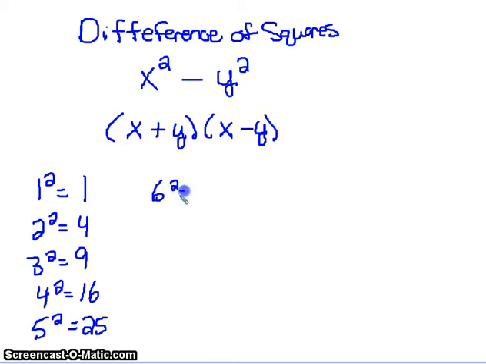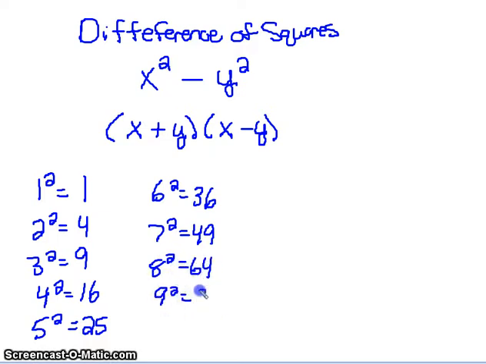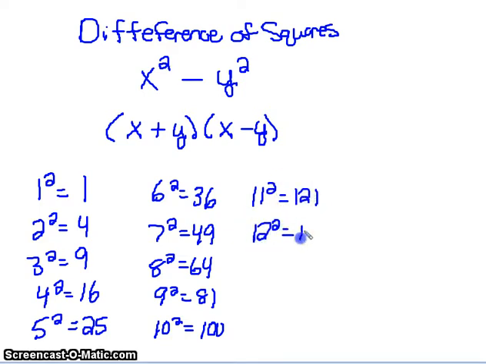6 squared is? 7 squared is? 49. 8 squared is? 9 squared? 10 squared? 11 squared? 12 squared? 144.